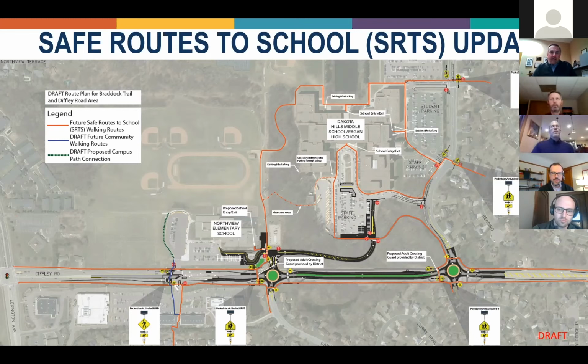What I'll highlight here, it'll save me some breath in a later slide, is one of the things that's coming out of the Safe Routes to School and the planning efforts coming together. As Colin mentioned, the crossing locations of Diffley, primarily the crossing locations on the west side of Daniel Drive and west side of Braddock Trail, where we anticipate the pedestrian crossing demands to be greatest, and the traffic control in the form of a warning flashing beacon that I'll talk about a little bit later.